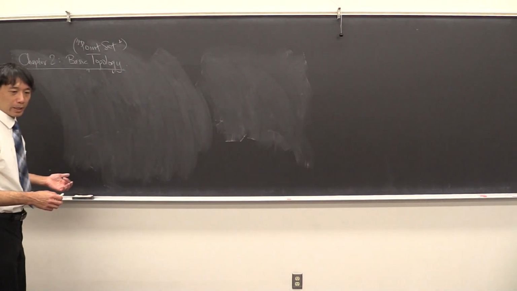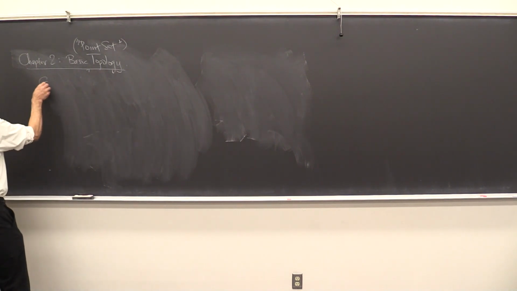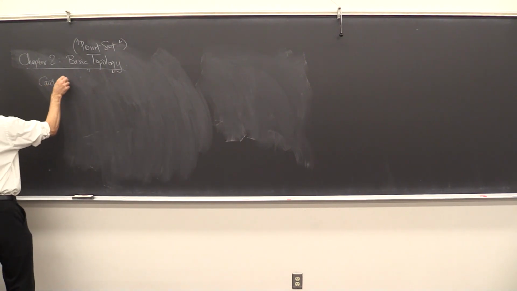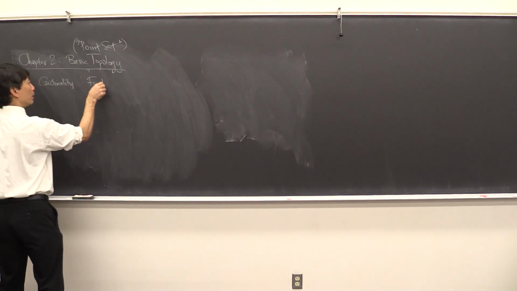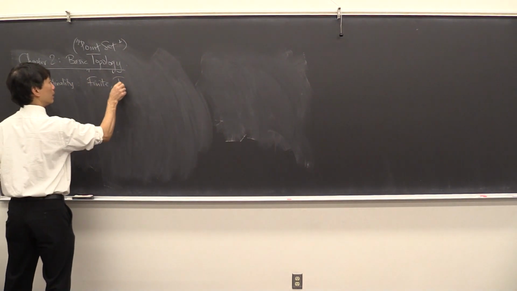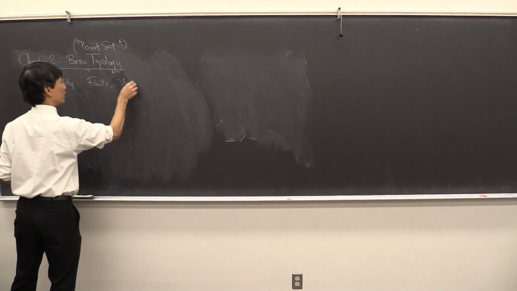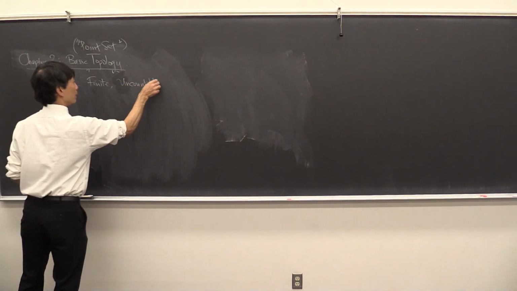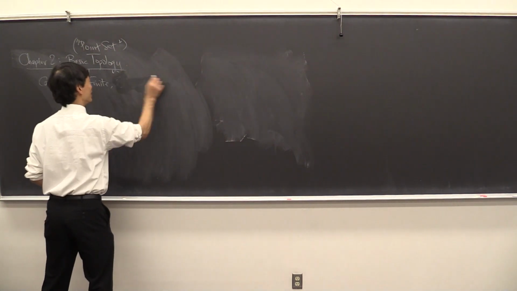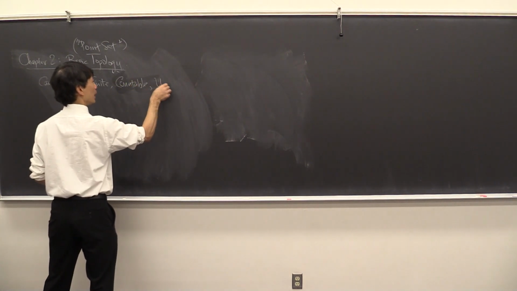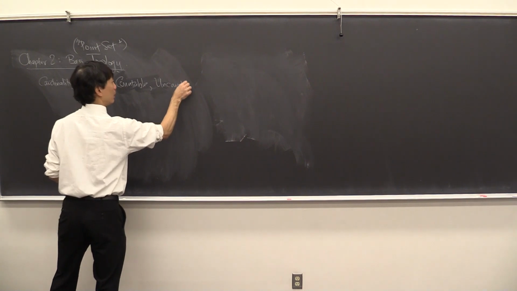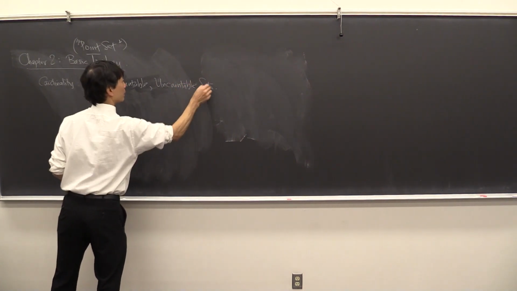Okay. So the first thing that we're going to do is something called cardinality, and the notion of countable. So we'll be looking at finite, countable, and uncountable sets.